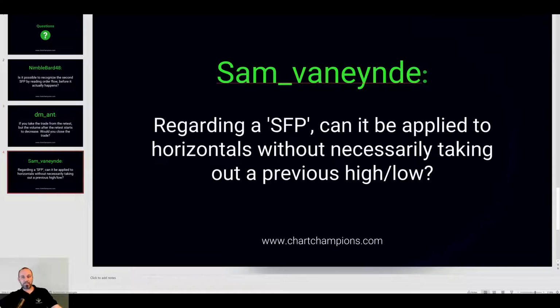Regarding the swing failure pattern, can it be applied to horizontal levels without necessarily taking out the previous high or low? Yes, it can be, and this is why we have the first pattern and the second pattern.